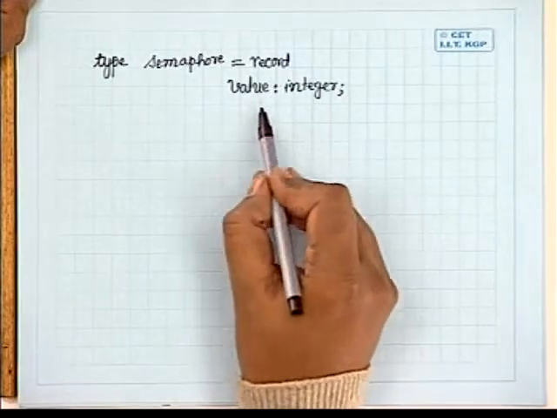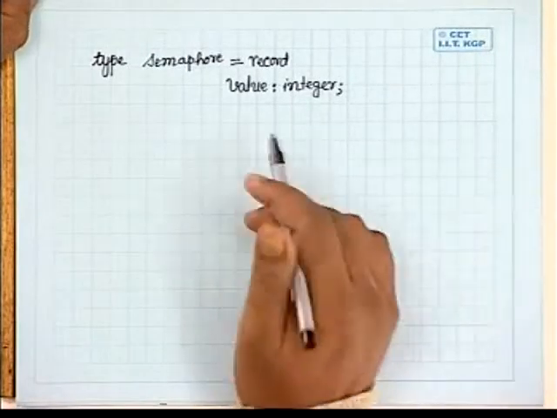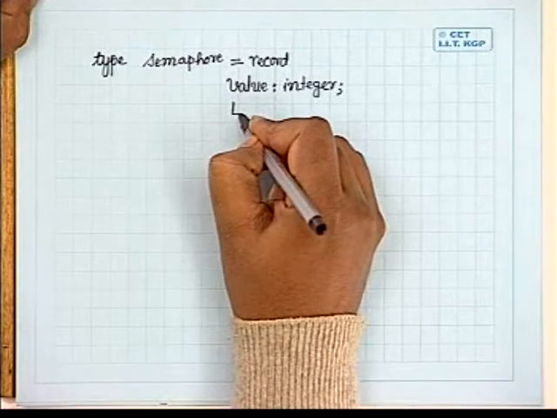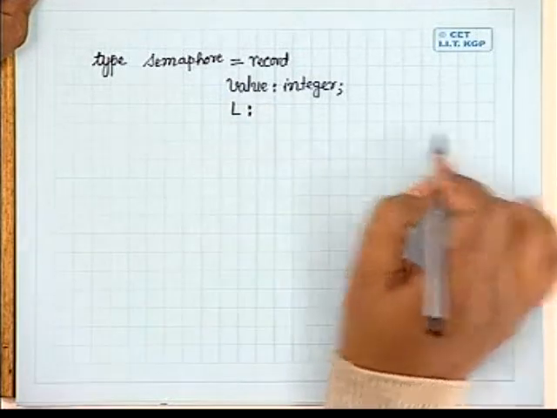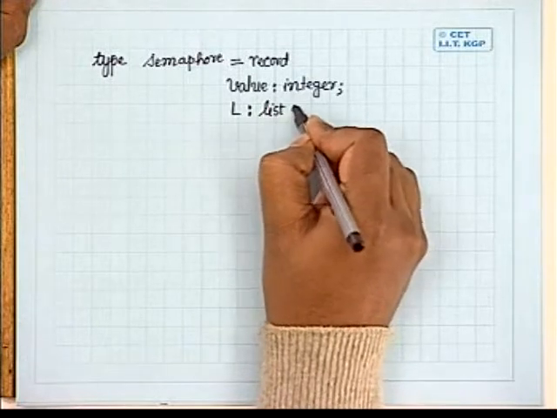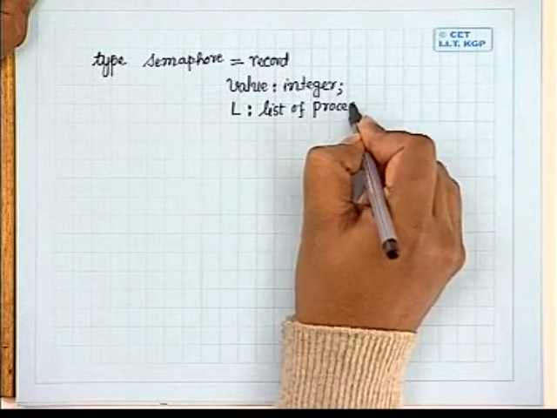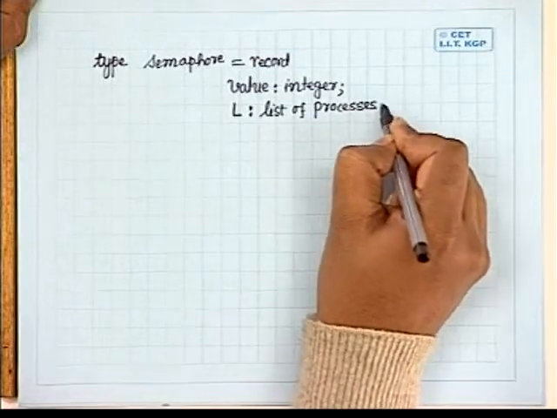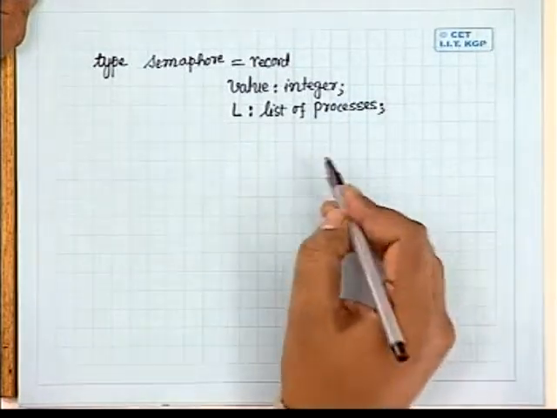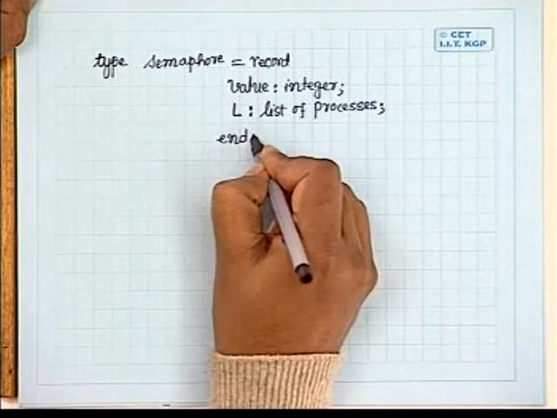A component in that record is an integer value, and the second one is a value, say L, which is a list of processes. Okay, and that ends this type declaration.